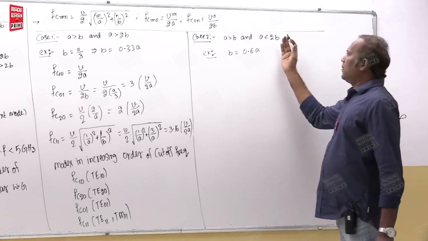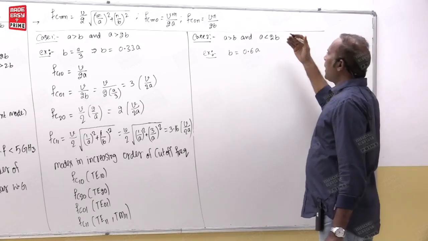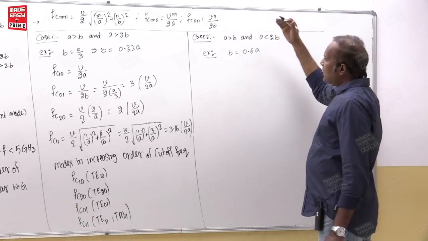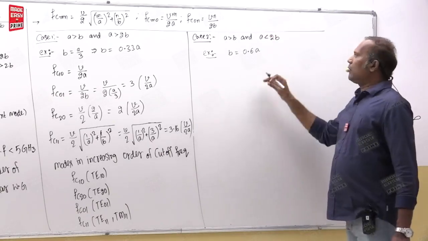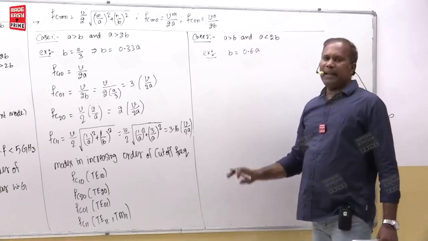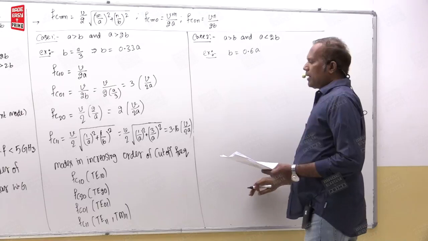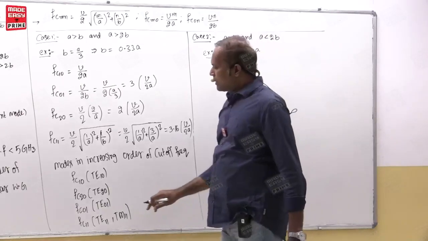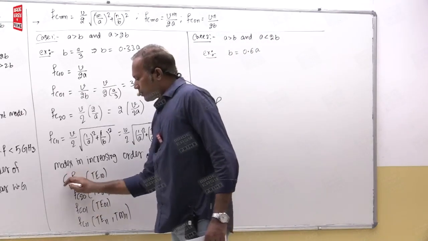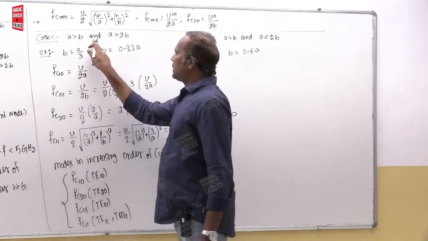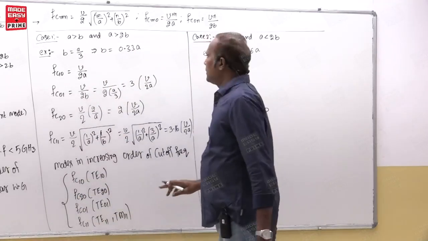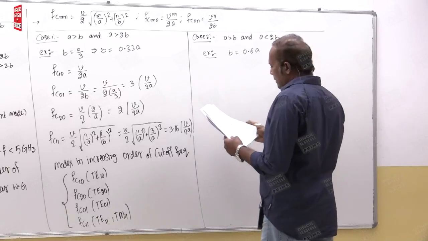So that is why here the b value is more than 0.5a and again less than a only, because whatever might be this value, ultimately a is bigger, students. For this case, once again you keep solving, ultimately you decide the modes. This sequence you have to remember, students. For this case, this is the sequence. Now for this case, let us solve.